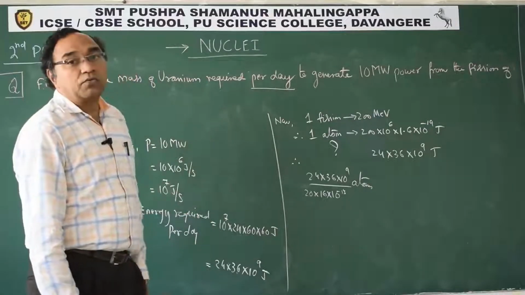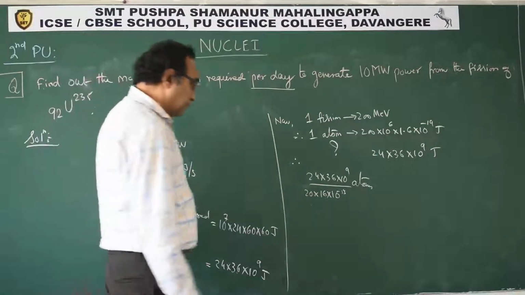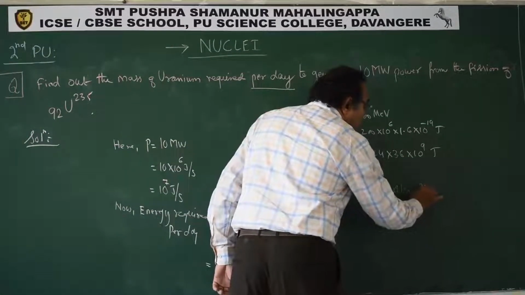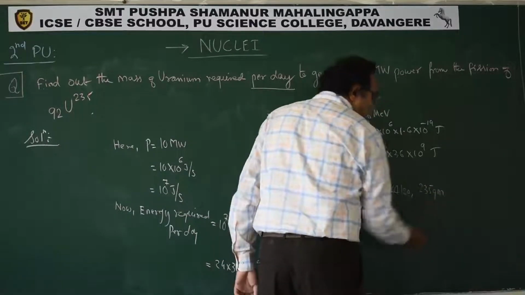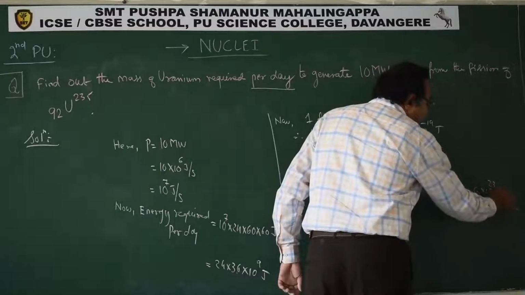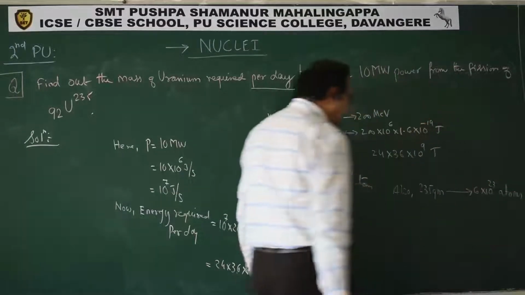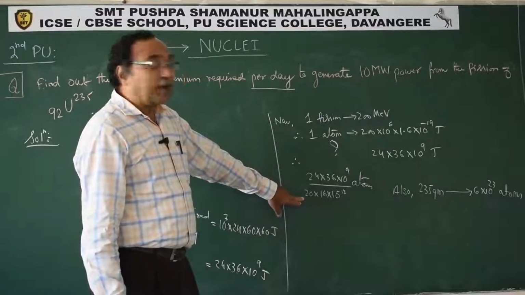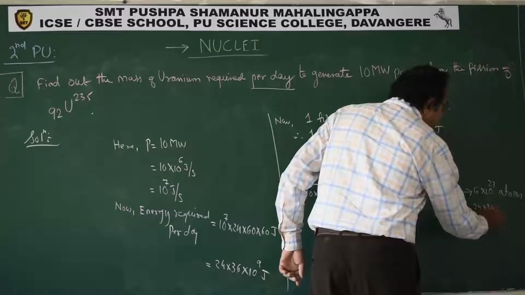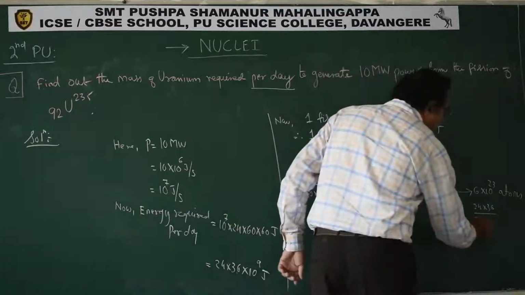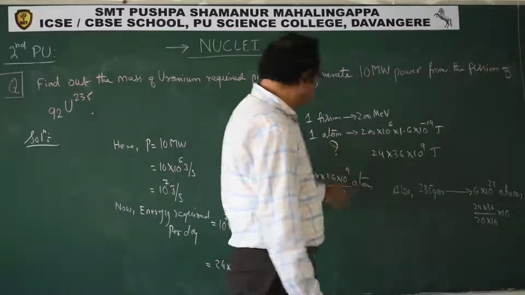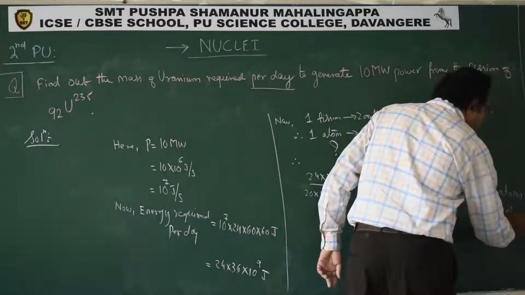Now we have to find out the amount of uranium. Also, 235 grams contain 6 × 10^23 atoms. So the number of atoms is the same as 24 × 36 upon 20 × 16 × 10^22.